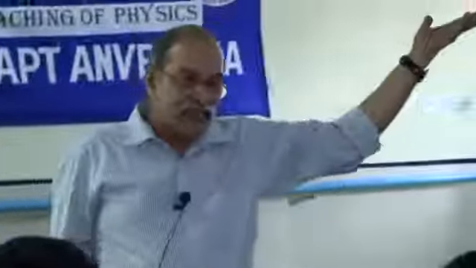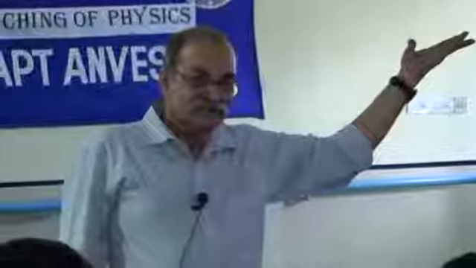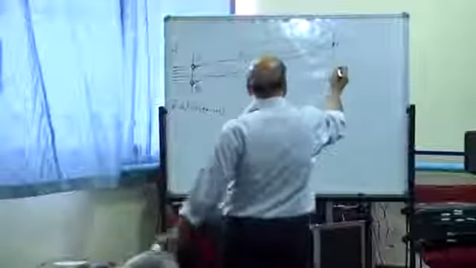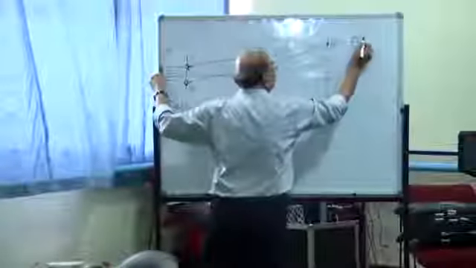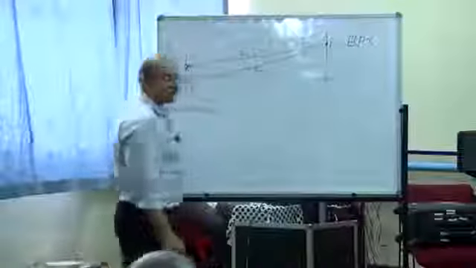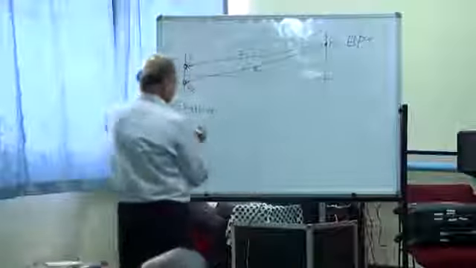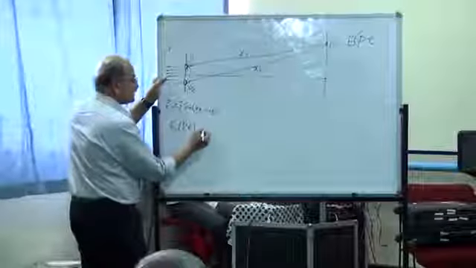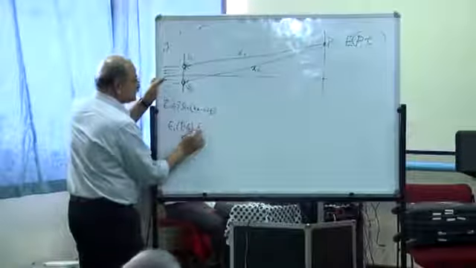Those electric fields I cannot add. I can add the electric fields at P at the same time, coming from slit S1 and coming from slit S2. So if I want the electric field at P at a certain time t, let me write it E1 at P at time t from S1.